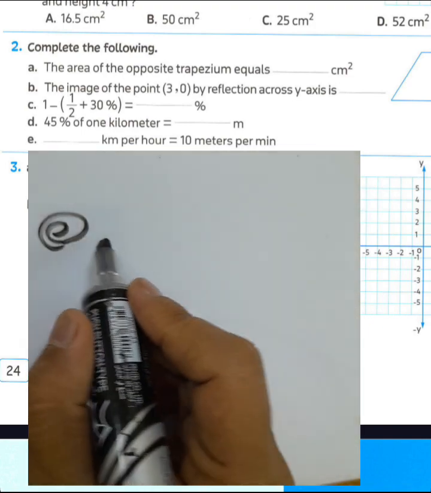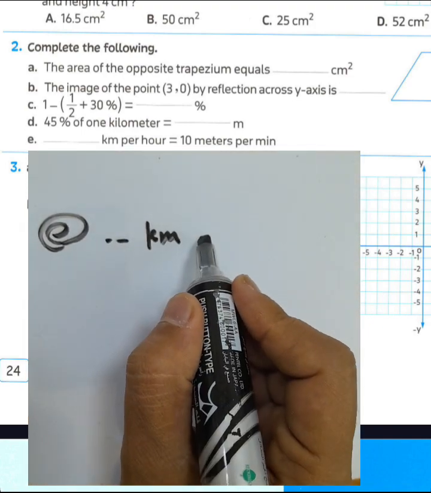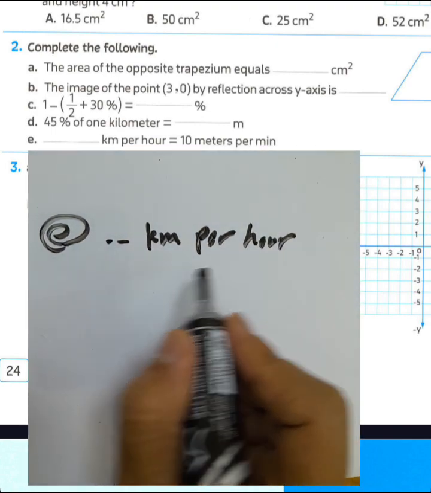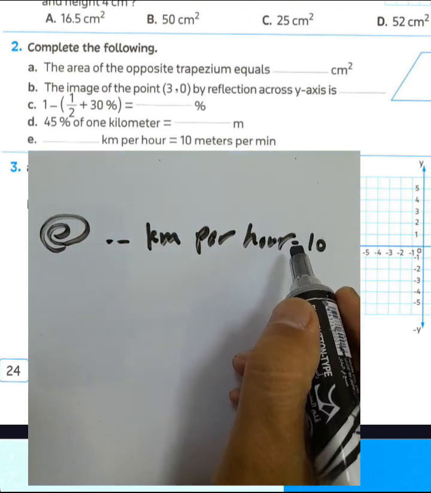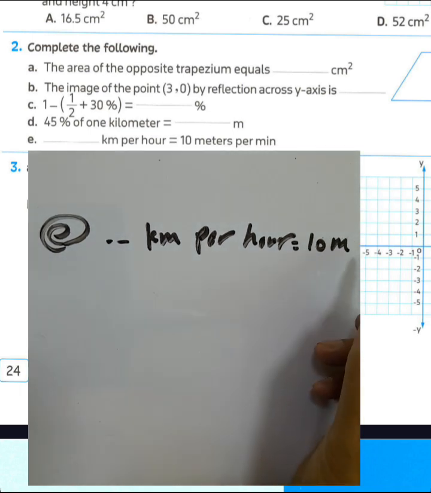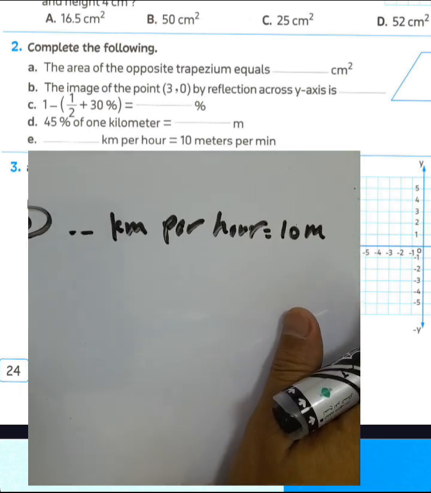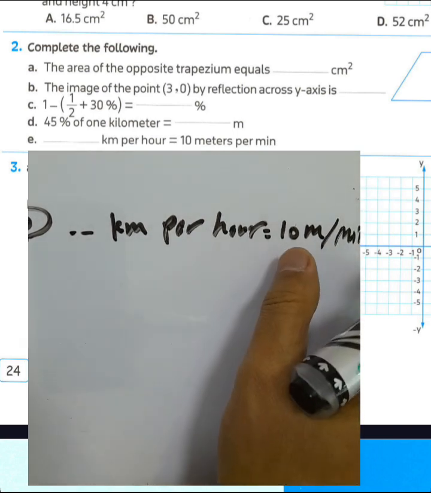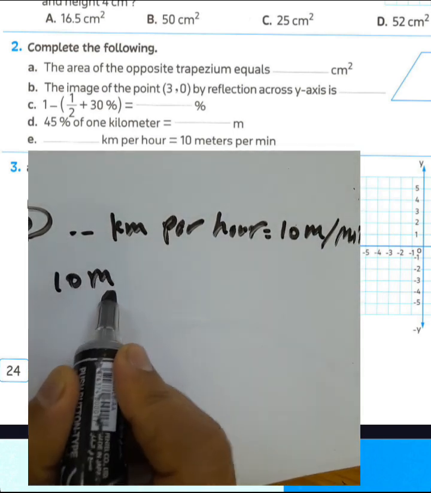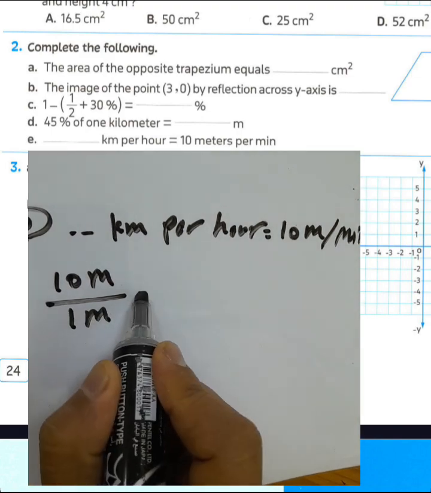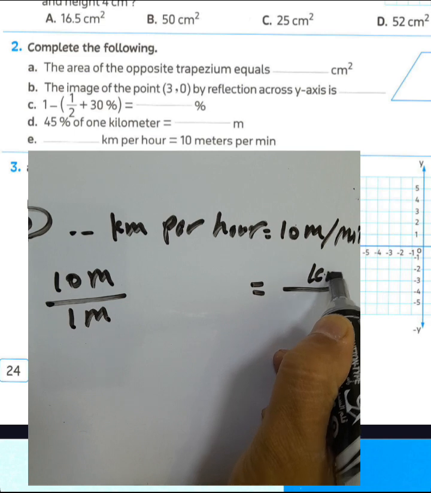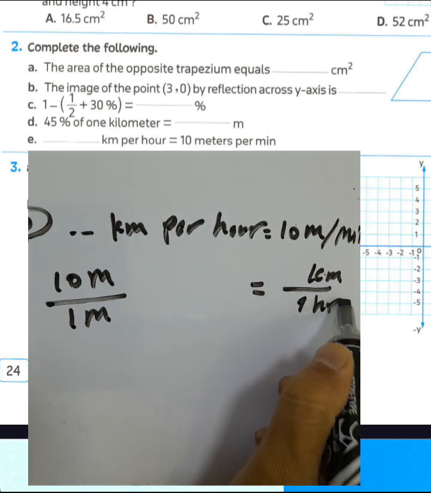Letter E, how many kilometers per hour equal 10 meters per minute. We must convert from meters per minute to kilometers per hour. Look here, 10 meters per 1 minute. We want to convert it to kilometers per hour.